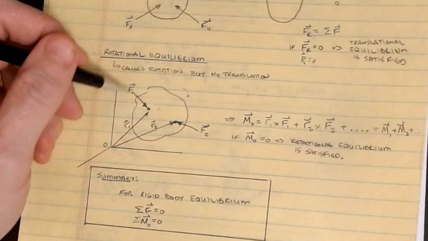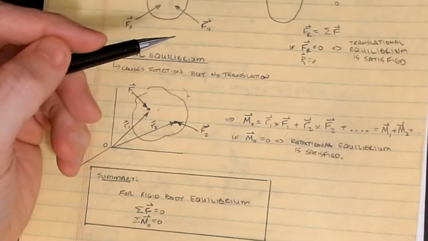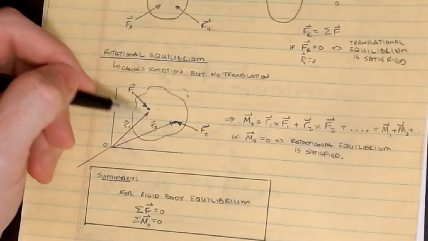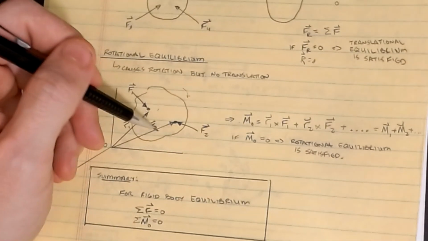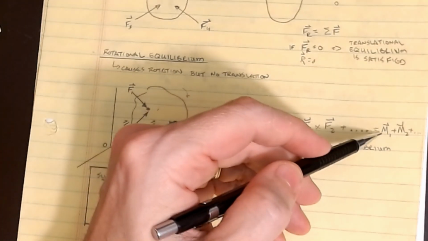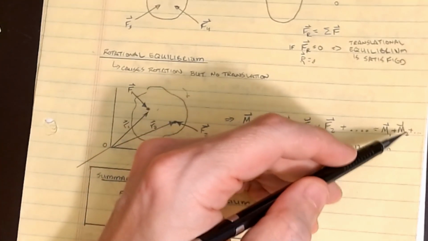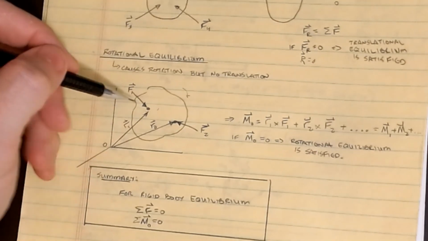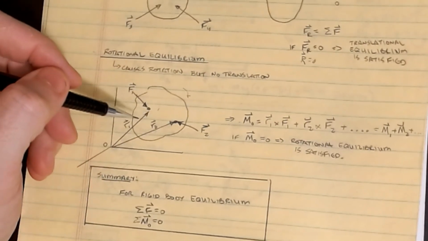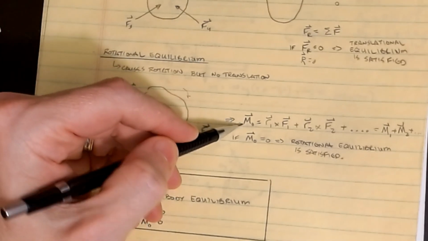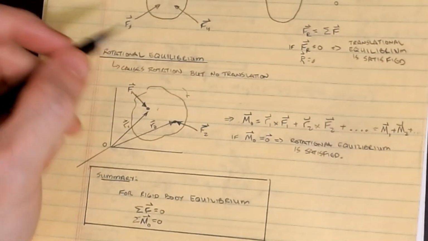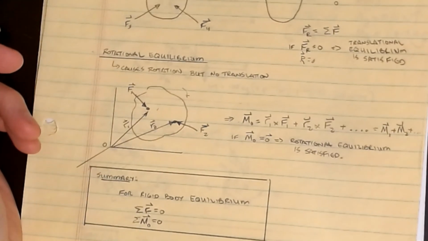Well, we know from our vector equations that the moment vector for this combined object is R1 crossed into F1, plus R2 crossed into F2, plus however many others you have. And that's going to be equal to the M1 vector plus the M2 vector plus however many more I have. This one by itself is an M1 vector, and this one here is an M2 vector. And if this M naught totals up to be a 0 vector, like what we did with the resultant forces, then rotational equilibrium is said to be satisfied.